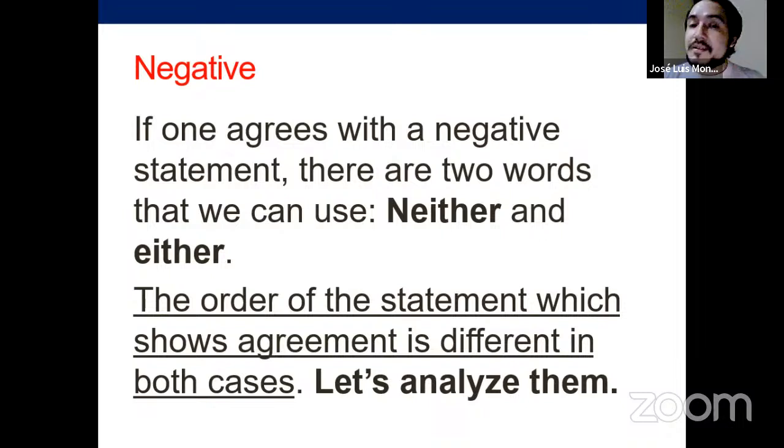Yes, in this context, they are like synonyms. If you say "so do I" or "I do too," both mean the same. But you use it only when it's a positive answer, with a positive meaning.